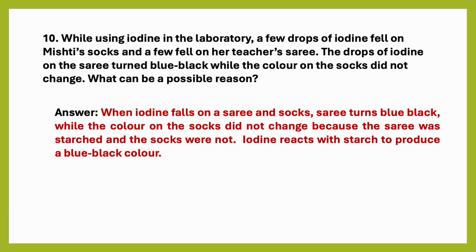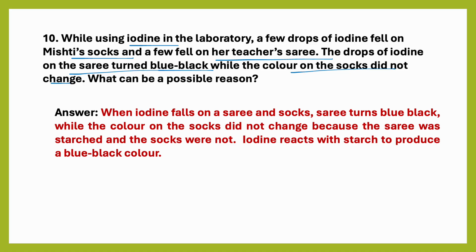While using iodine in the laboratory, a few drops of iodine fell on Mishti's socks and a few fell on her teacher's sari. The drops of iodine on the sari turned blue-black, while the color on the socks did not change. What can be a possible reason?